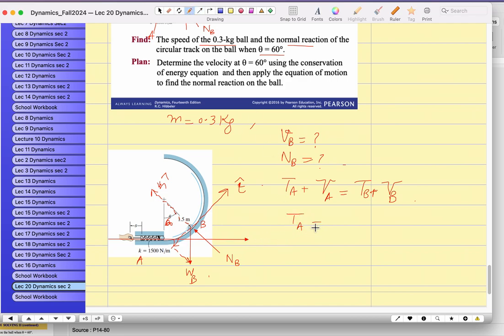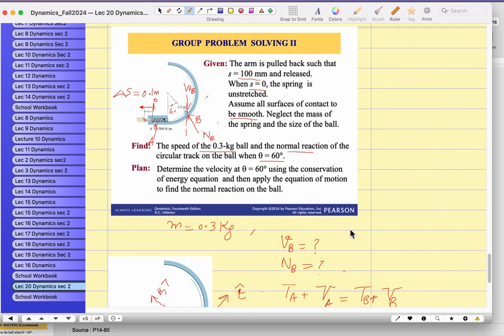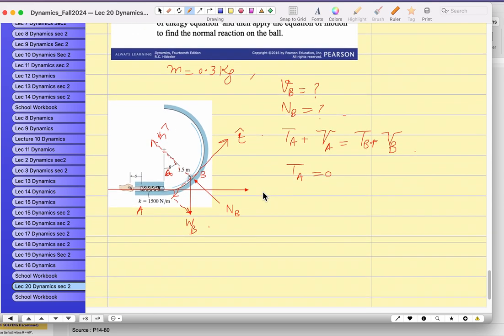So initially the ball is at rest and it is released suddenly. So initial kinetic energy is 0. Initial potential energy, because it is passing through the datum line, is 0.